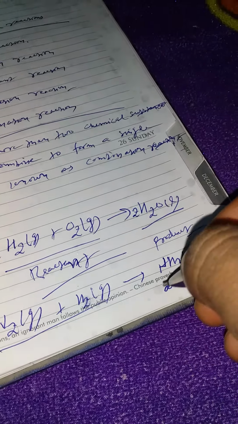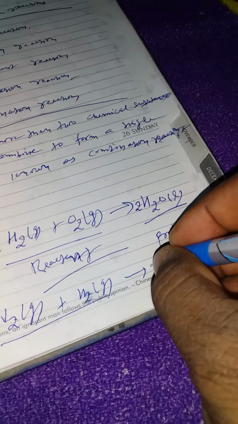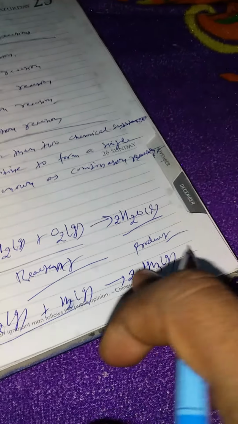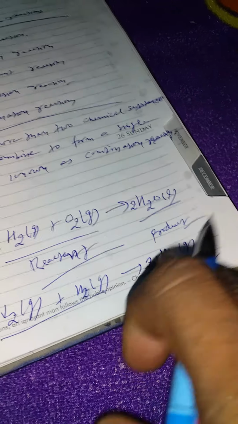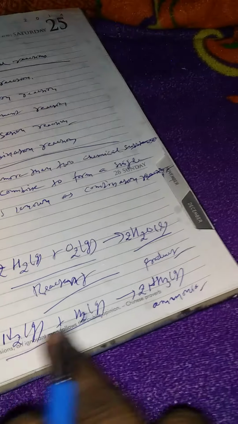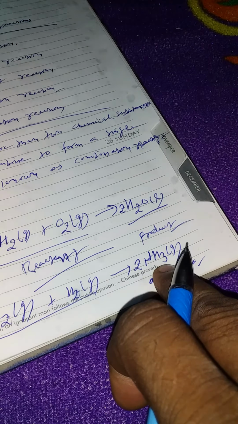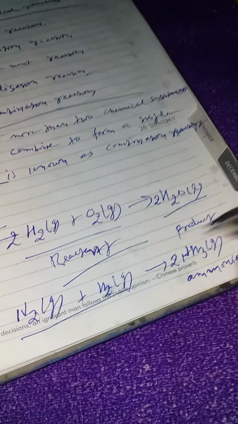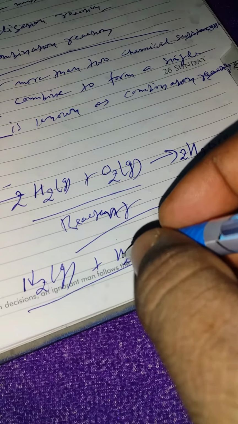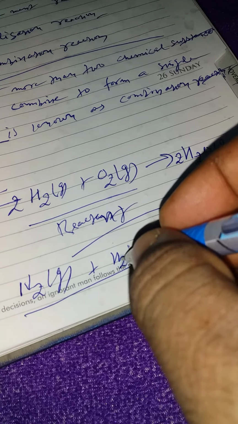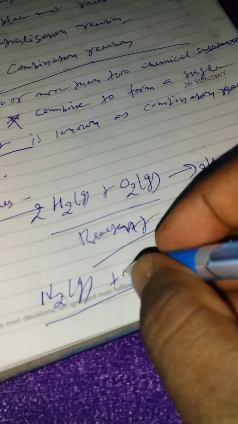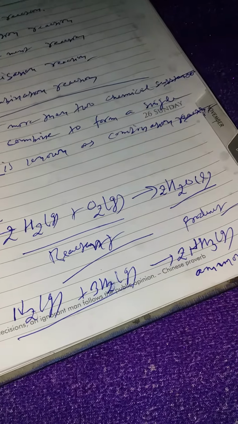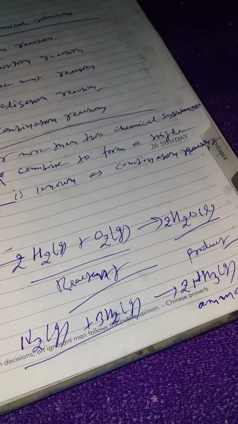So by using a coefficient 2, nitrogen in the product side is 2, while in reactant side is also 2, and in product side the number of hydrogen atoms is 6. So we use coefficient 3 for hydrogen to make 6. So it is a balanced chemical equation.